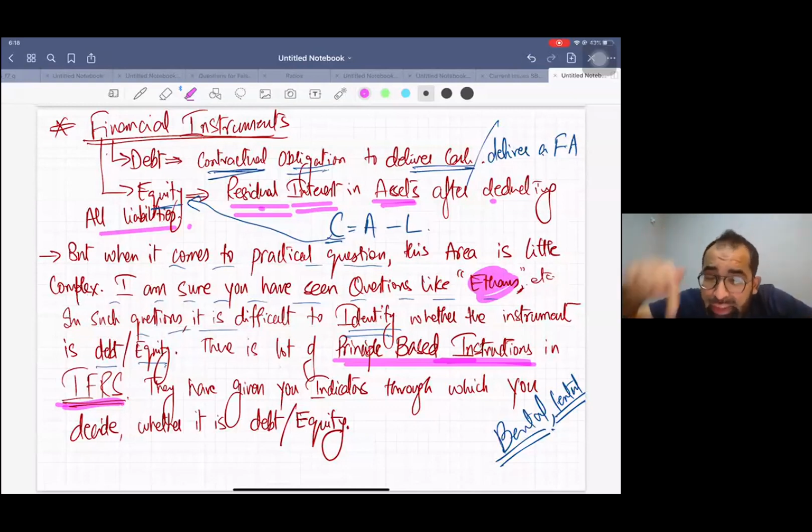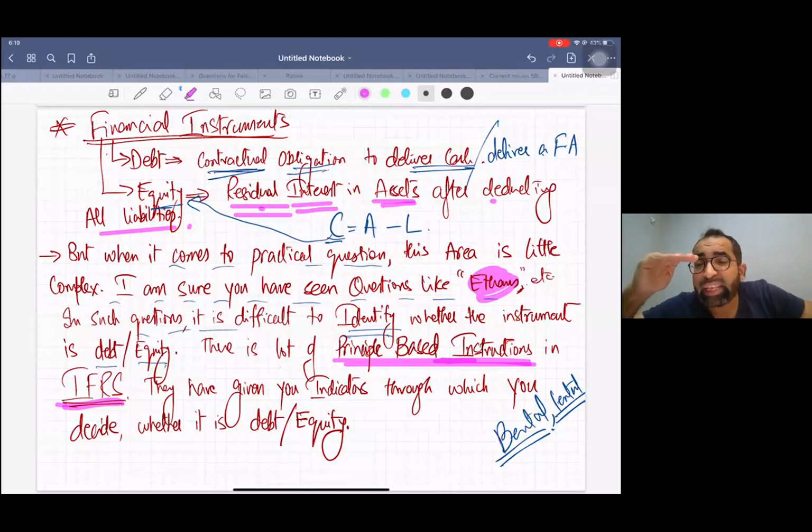This is one of the major reasons why, till 2020, the United States has not accepted IFRS, because the US is a very strict economy. There are a lot of litigation issues. If you make a little mistake in the US, people sue you. So to solve any problem in the US, the rules should be fixed.